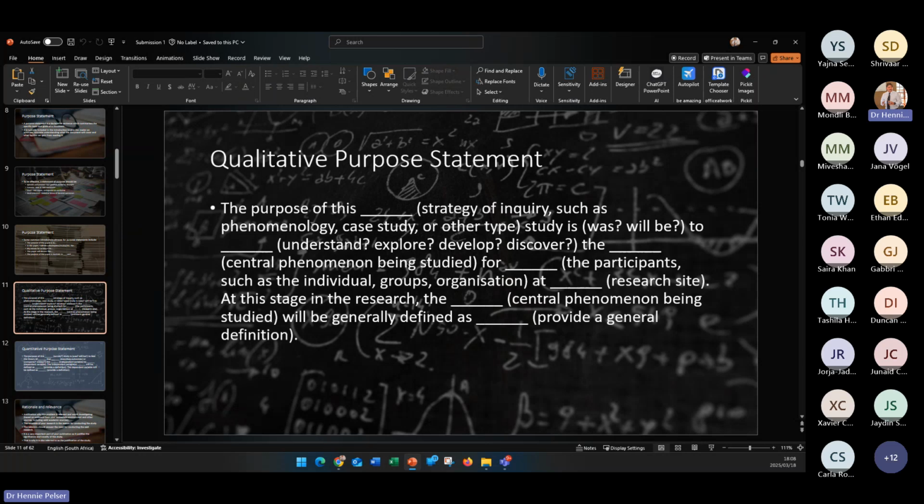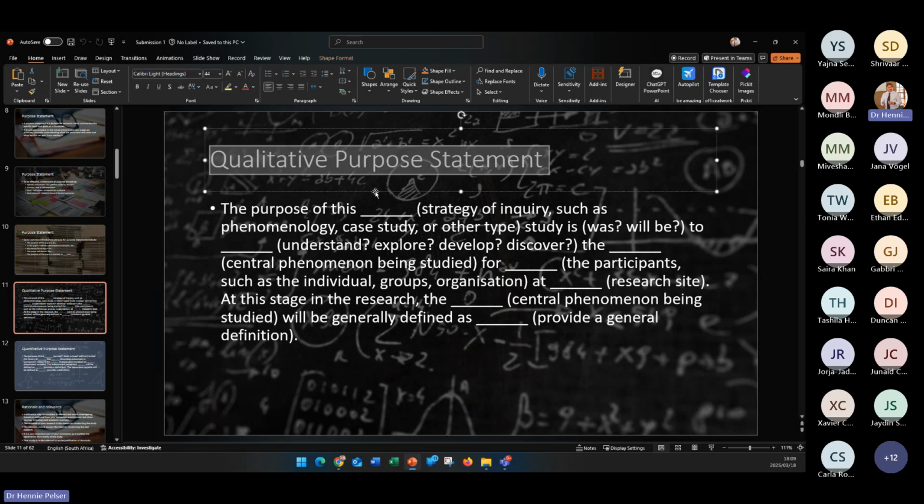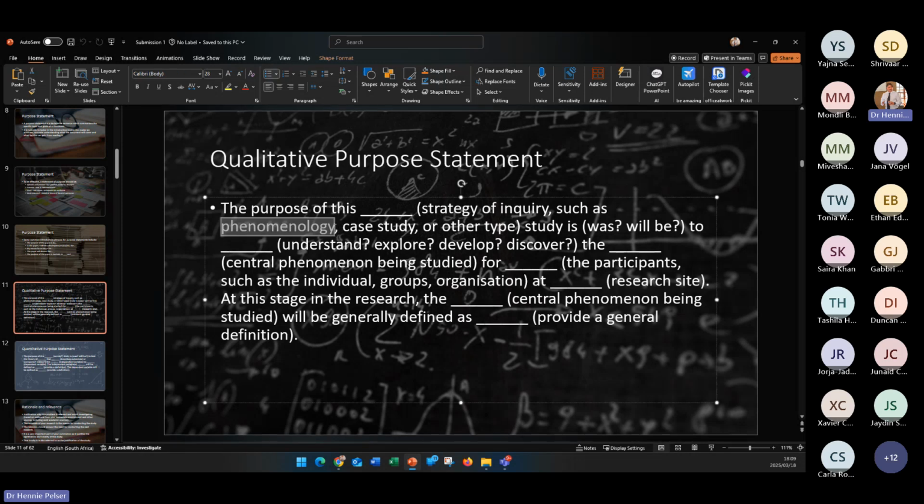This gets a little bit more complex, and you can write it like this. The purpose, so remember, qualitative purpose statement: the purpose of this research or this phenomenon. So remember, we're doing phenomenological research. All of you are doing phenomenology. So we are researching a particular phenomenon. Now, in my students that I supervise, we will use the term phenomenology. I know some of the other supervisors don't like it because it creates confusion, but you all are doing a phenomenological study.